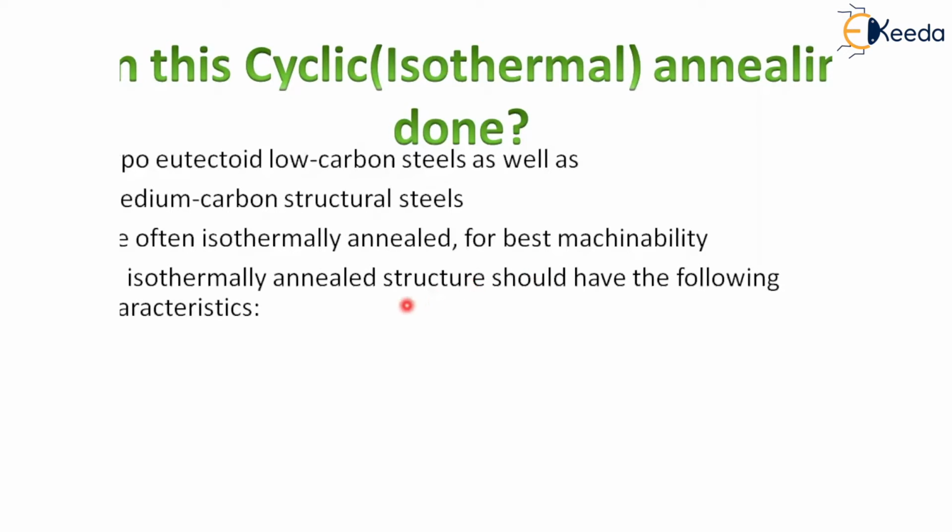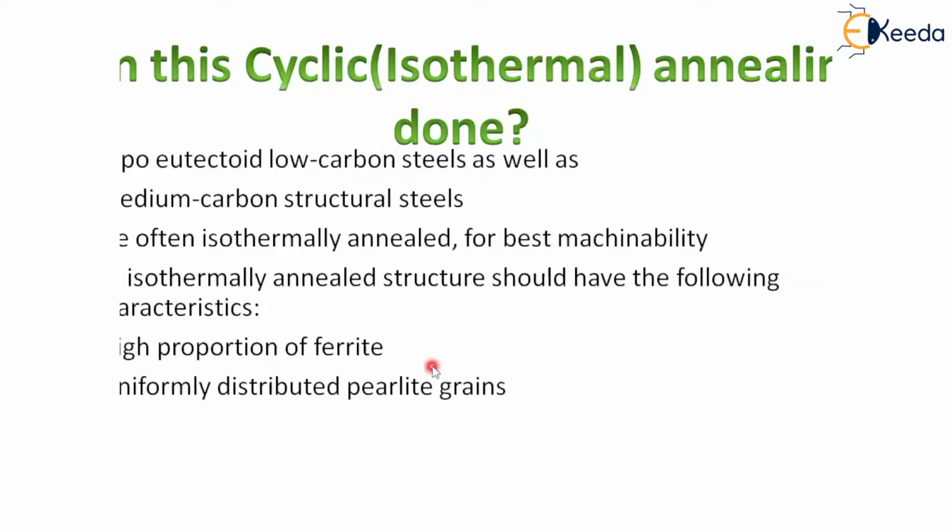Now after this, we can say the isothermally annealed structure, that is after heat treatment is completed, the main advantage among the characteristics that change is a high proportion of ferrite. This is the main advantage after the cyclic annealing heat treatment is completed, and uniformly distributed pearlite grains. This is also very, very important.